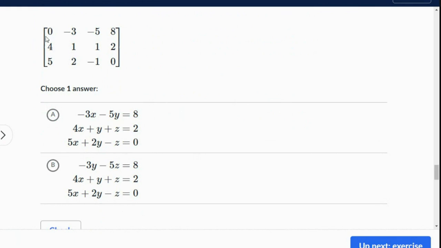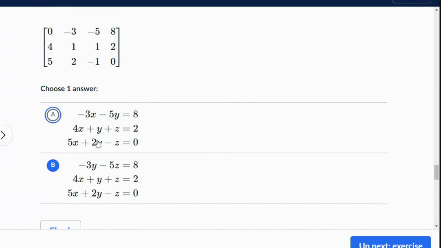What variable is represented by the first column? What variable is by the second column, which one's by the third column? And how does it match up? Arabella says it's B. That's her choice so far. Does anyone agree? Do we have confirmation? Or do we need to change?